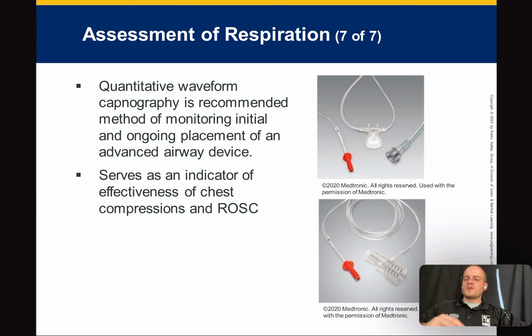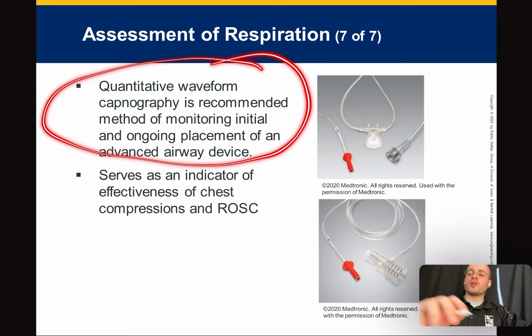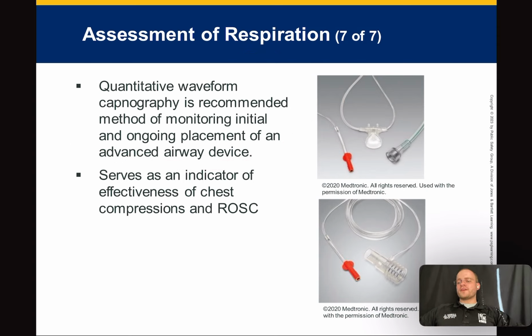Actually, there's a law in Texas now that if you use endotracheal intubation, sticking the tube down someone's throat, which paramedics do, you have to have this device on your ambulance by law to confirm it's in the right place. Why is that? Because when you're sticking that tube in someone's mouth, you can either go in the trachea or the esophagus. Those are the two holes.